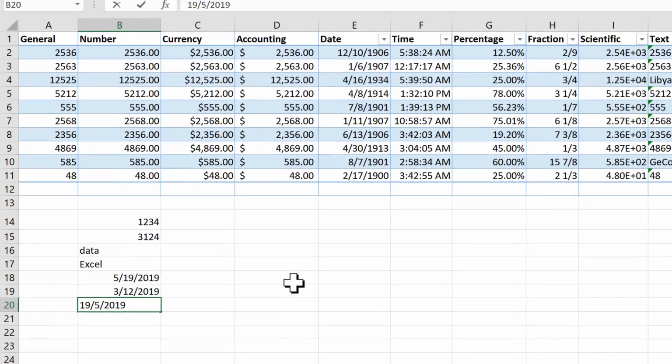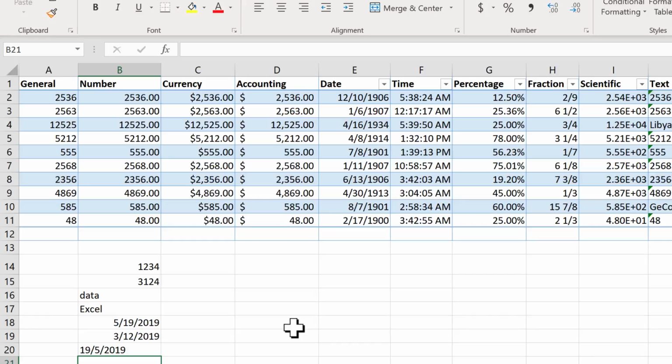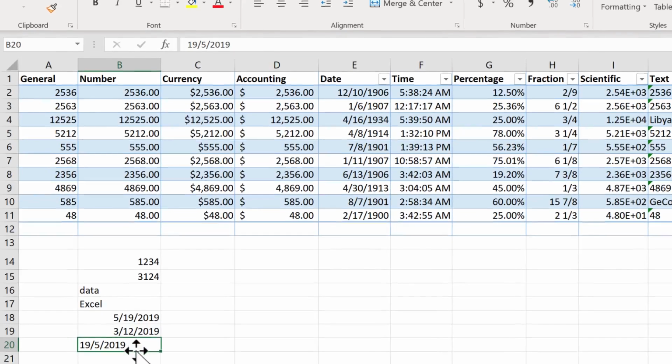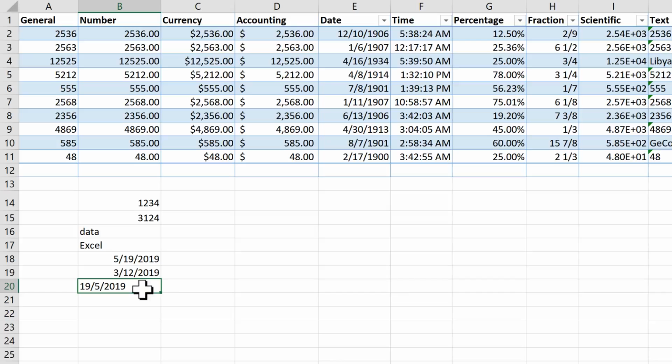And this is why when I hit enter, it gets aligned to the left, which means that Excel did not understand this date that I entered. And when it didn't understand it as a date, it thought, okay, this is a text.